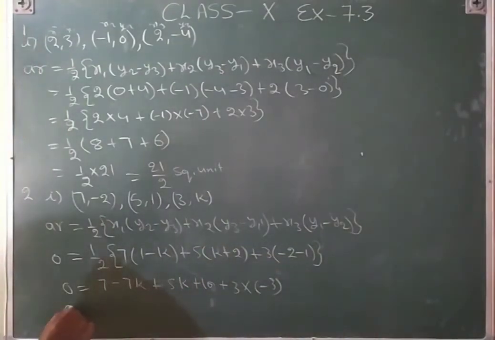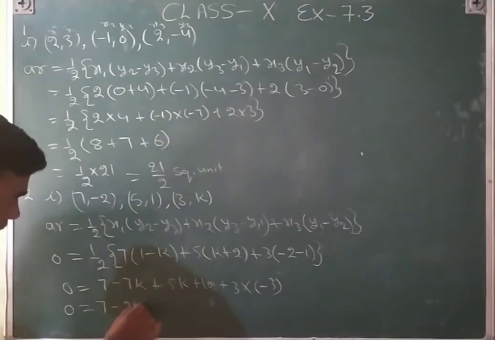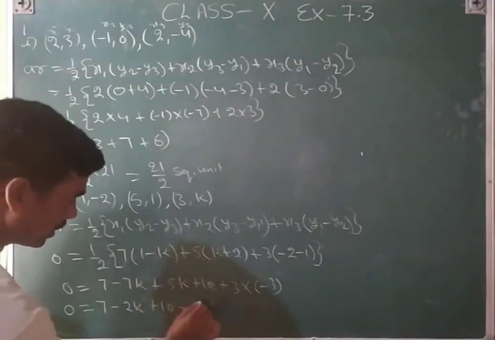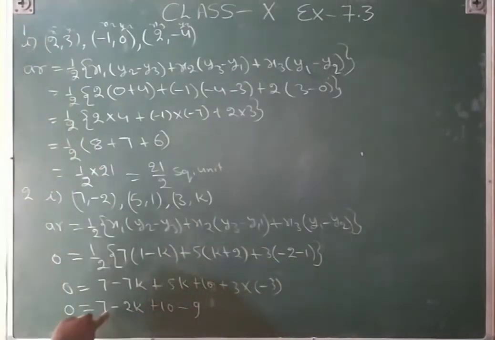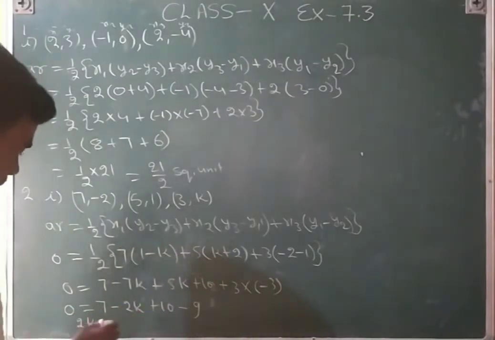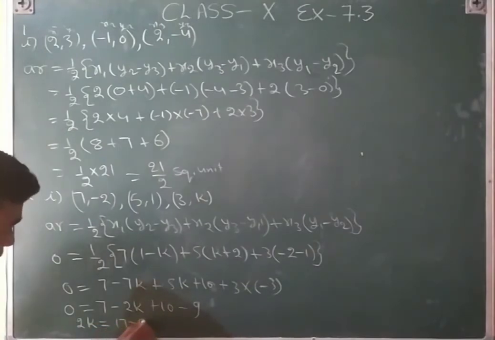So 0 is equal to 7 minus 2k, 7 less 5, that is 2k, and then plus 10 minus 9. And k will come to this side, so 2k is equal to 7 plus 10, that is 17, minus 9.